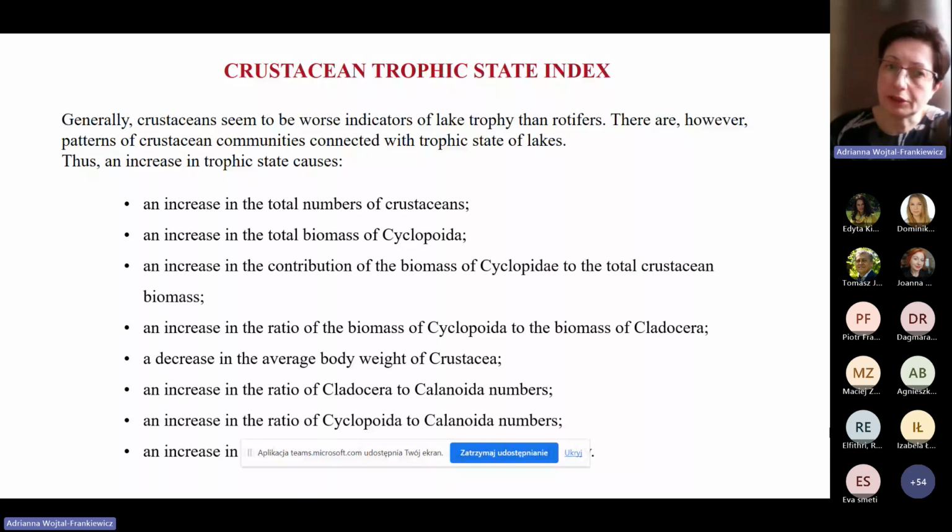For example, an increase in the total number of crustaceans, an increase in the contribution of biomass of Cyclopoida to the total crustacean biomass, an increase in the ratio of the biomass of Cyclopoida to the biomass of Cladocera, a decrease in the average body weight of Crustacea, and others.